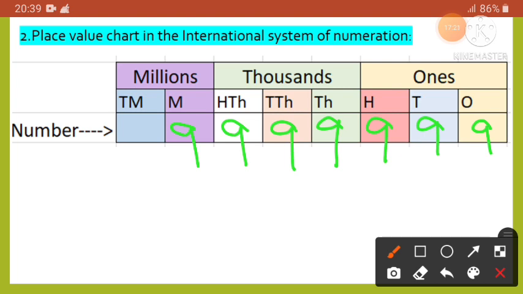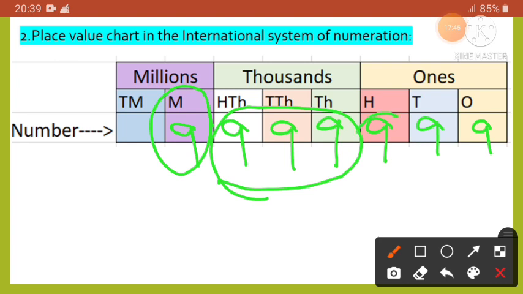In words, in the international system of numeration it will be 9 million, because the first 9 is under million, so it will be 9,999,999. Okay, got it?